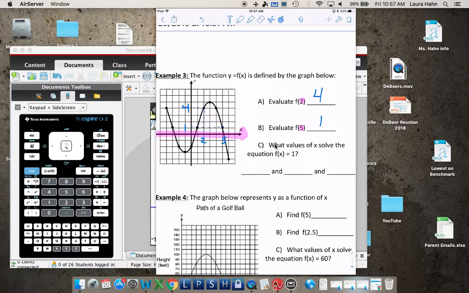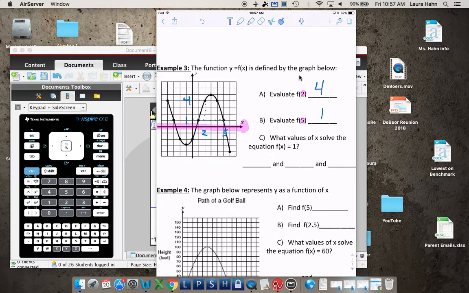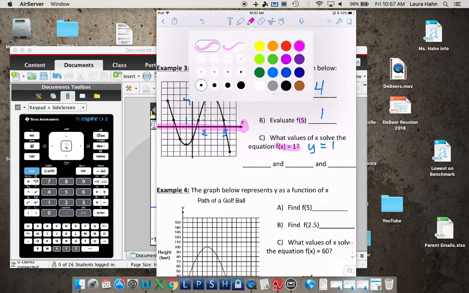Okay, this one's a little bit different. This one says, what values of x? So now instead of trying to find y given x, I'm trying to find x given y. This whole thing means y. So this says y equals 1. You might want to rewrite that out to the side. So we know that y equals 1. I'm going to pick a different color and highlight where y is 1.